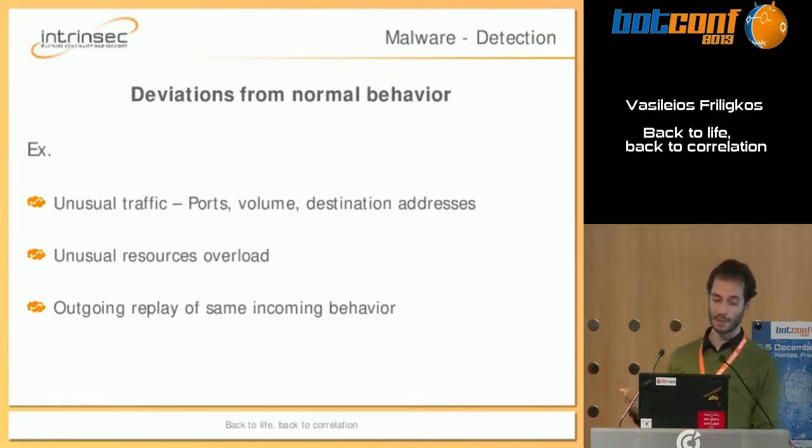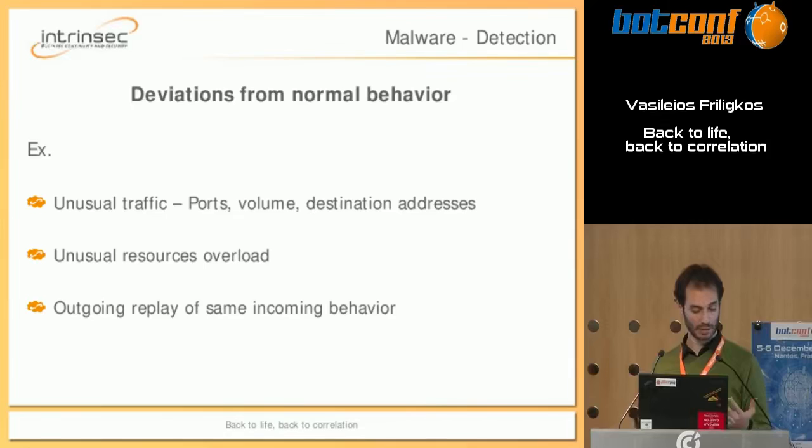What do I mean by that? For example, unusual traffic. Let's say we have some high-level port utilization. Let's say we have a high amount of TCP control traffic: a lot of SYN, SYN-ACK, FIN traffic compared to normal data exchange traffic. Let's say we have a honeynet in our network that's never supposed to be reached, and a machine is trying to contact it.